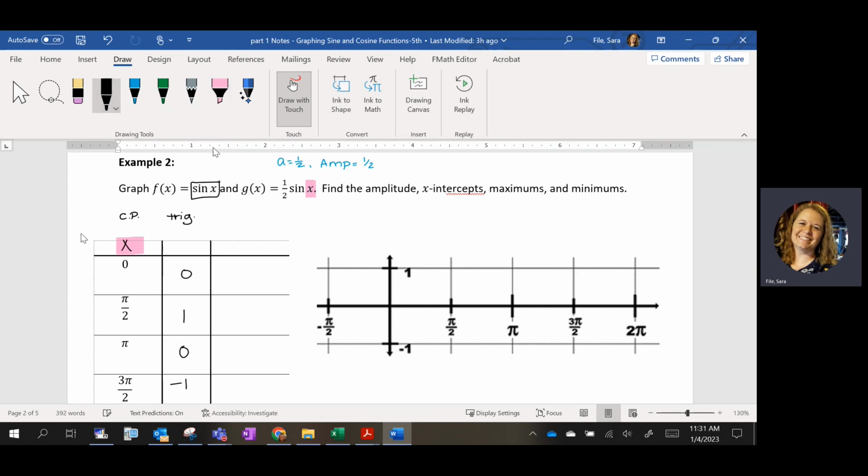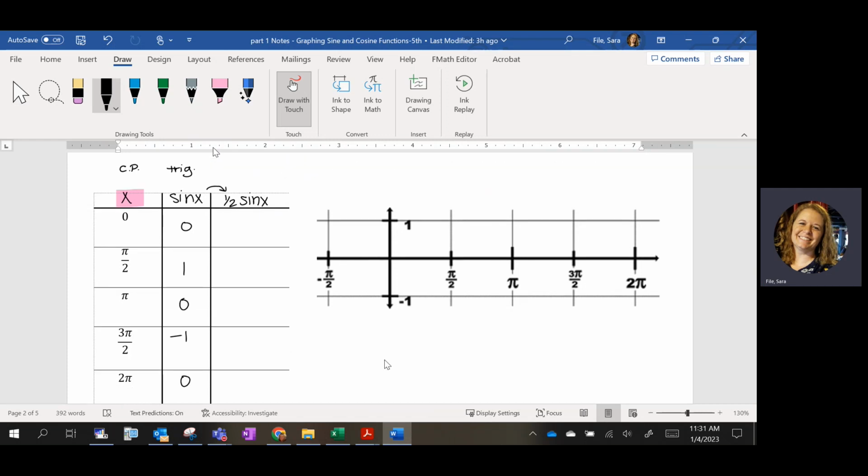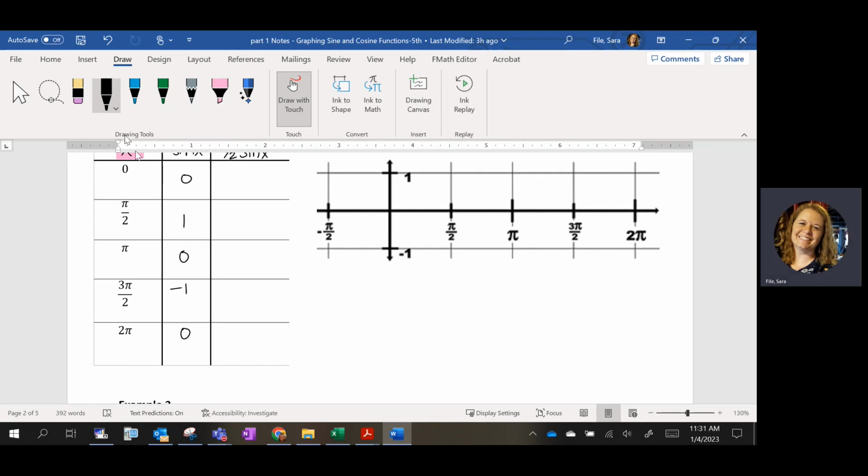So there's nothing to the left of this that I have to do. X is done. Those are the x values. Okay, sine of x. But I do have an a value I have to multiply by. So this becomes 1/2 sine of x. So I'm taking these values and I'm multiplying them by 1/2 because that's my a. So the zeros stay 0 and the ones become 1/2.